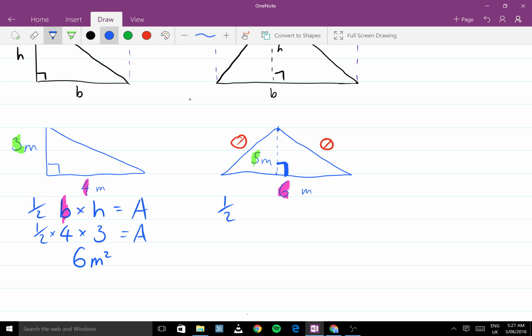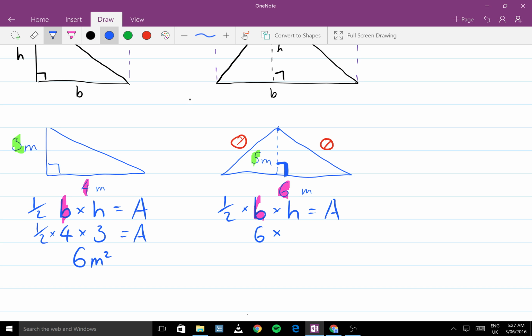Half times base times height equals area. Okay, we take our base of 6 and we write it under base.